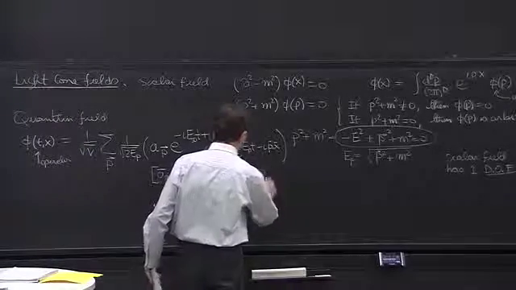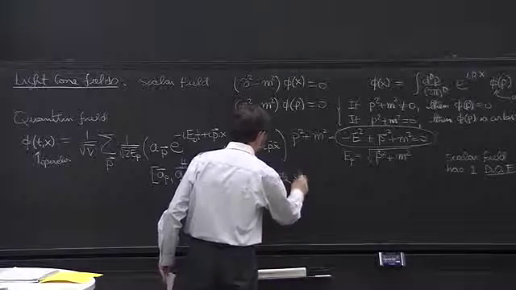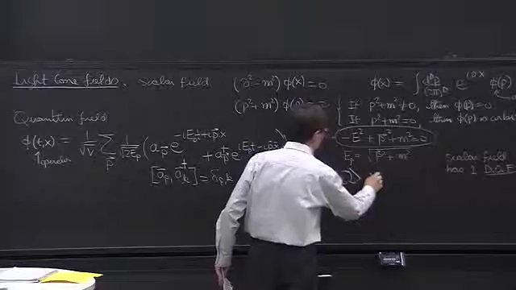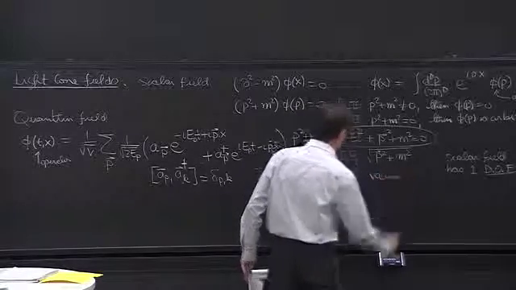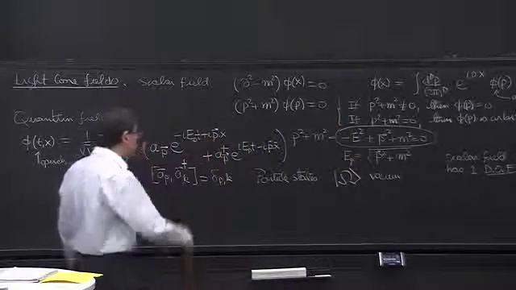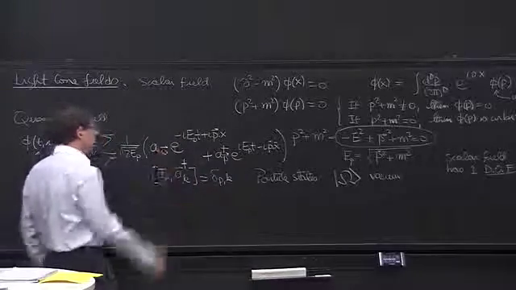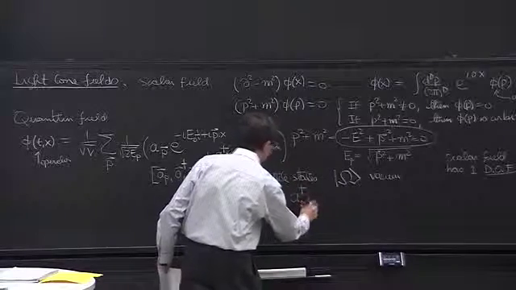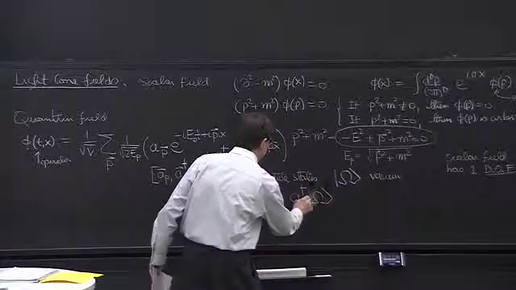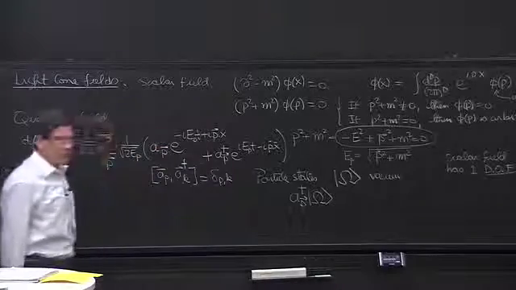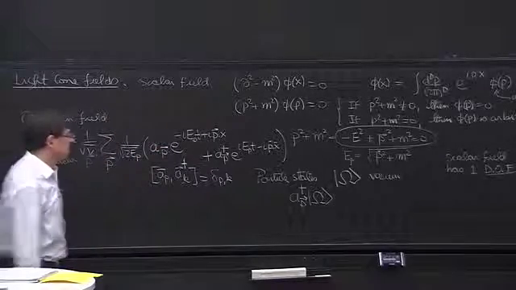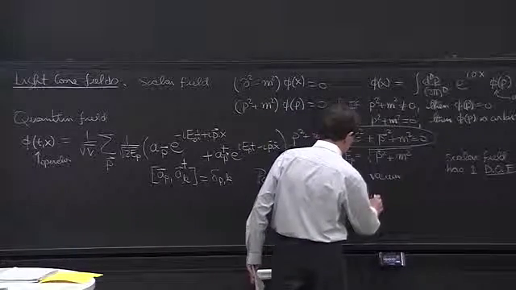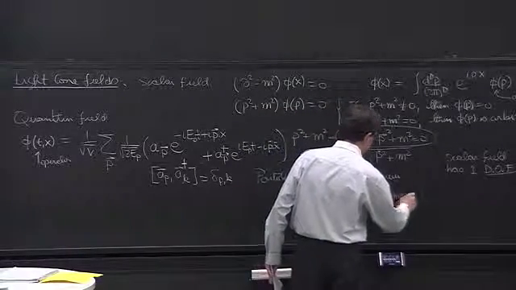And what are your particle states? Well, we define a vacuum, which is translationally invariant, and then we create particle states by acting with this operator. So a_p dagger on the vacuum is a particle of momentum p, a one-particle state.